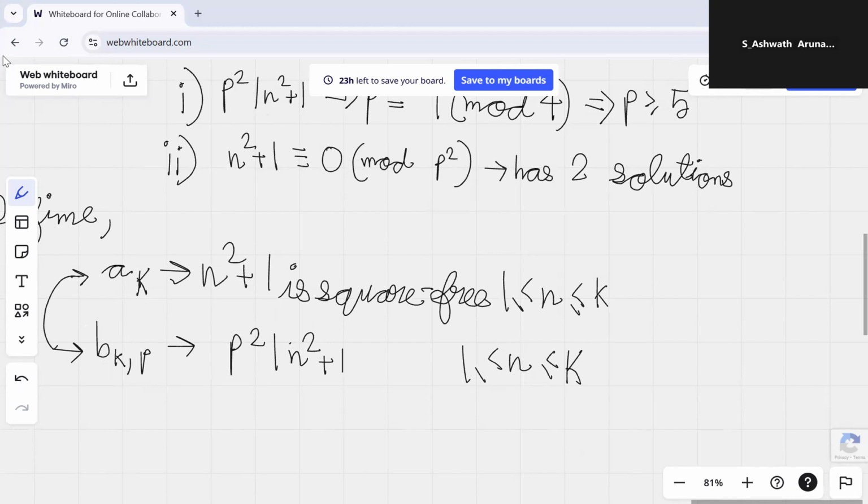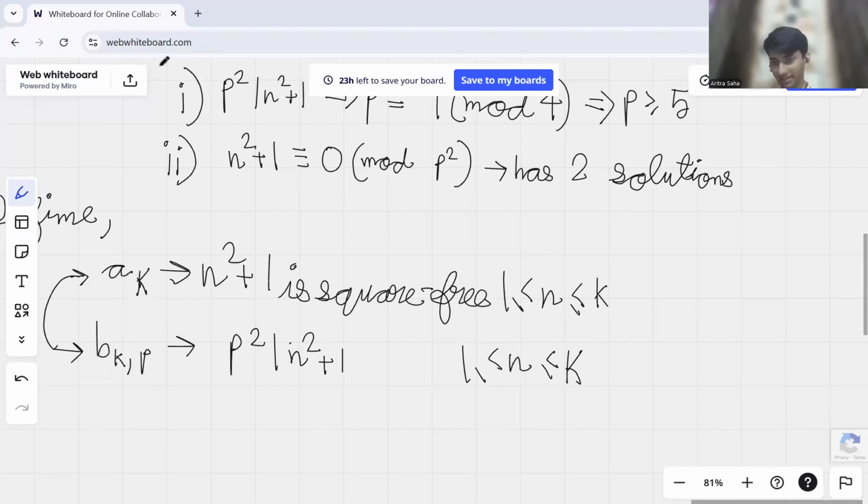It's the number of n between 1 and k such that p squared divides n squared plus 1, right?